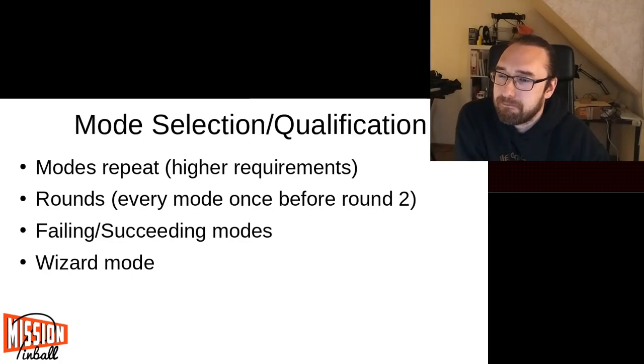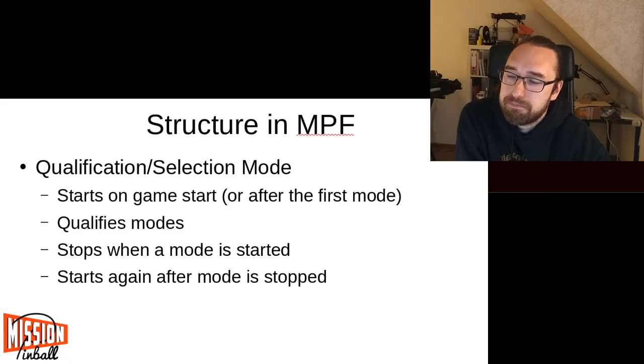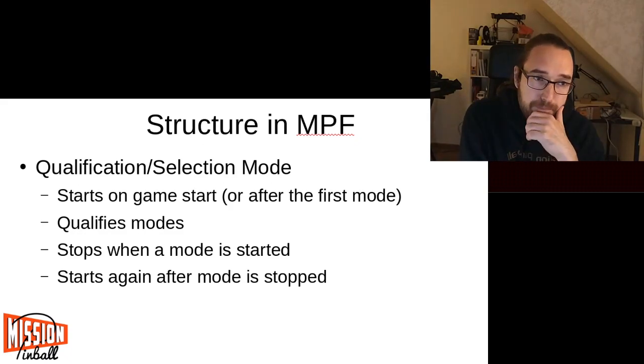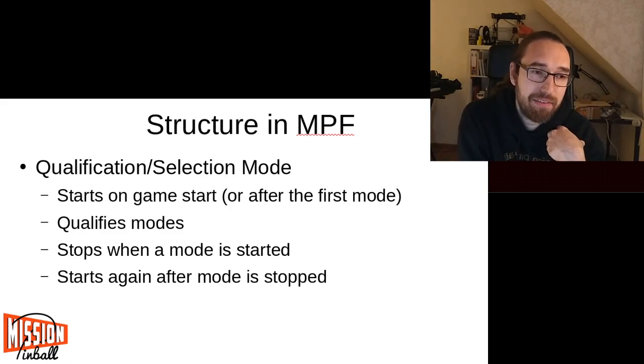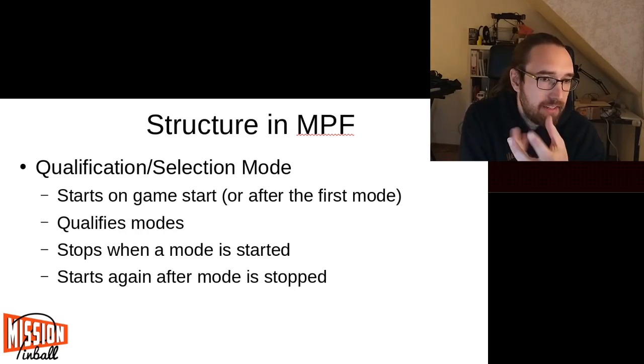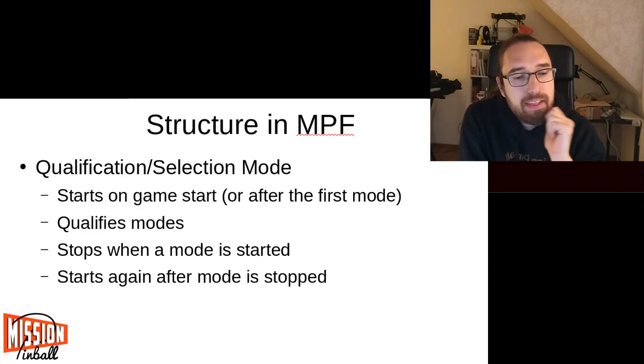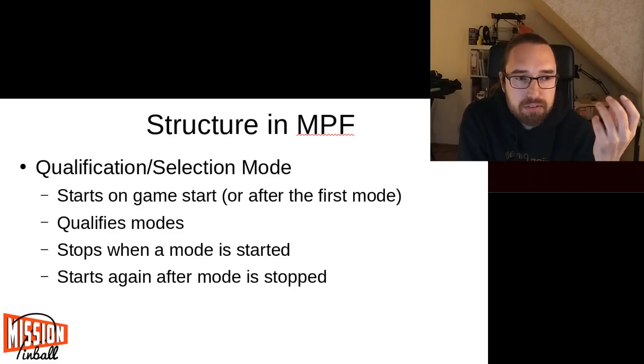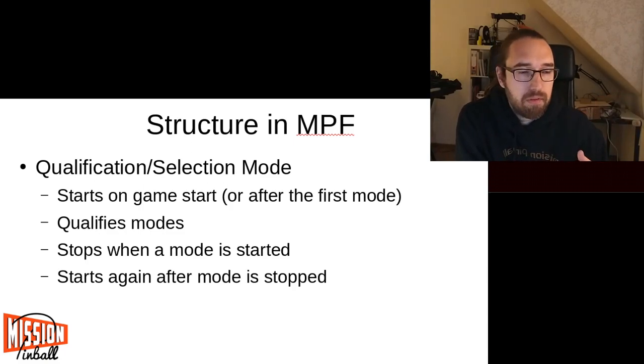So how does this look in MPF? I personally recommend the following: have one qualification or selection mode, and that starts on game start, or if you select the first mode on launch of the first ball, then after that.